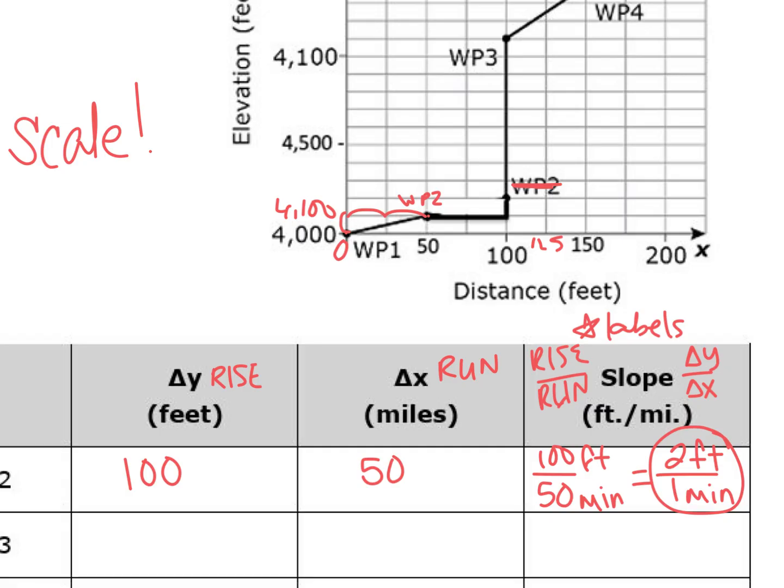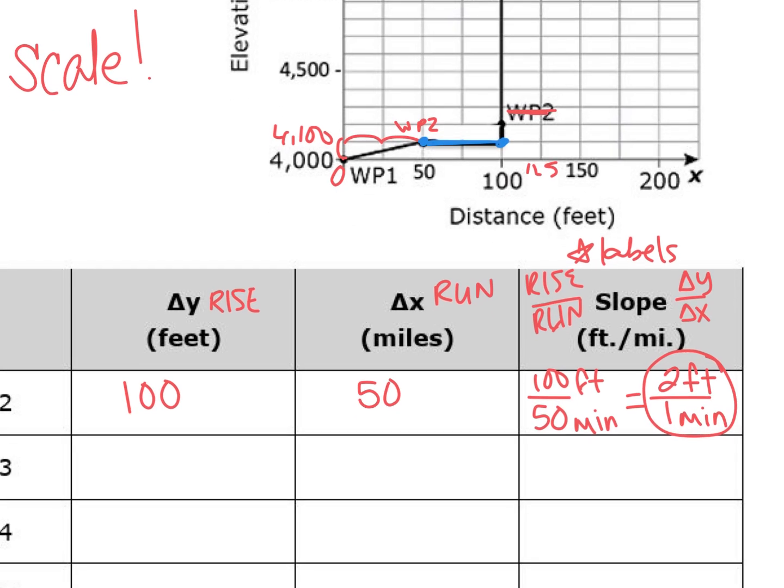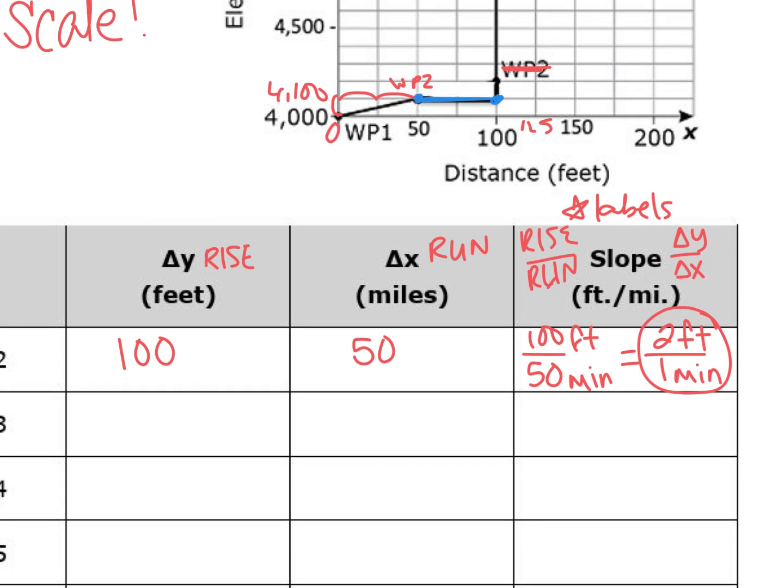For this next one, we're actually looking at this flat piece. I realized I didn't label it well. So we're going to go from where this blue dot is to this blue dot, and tell me, rise. That's a flat line. Yes? Are we rising any? Is my y changing at all? No. So 0, and you can put your labels here if you wanted. How many are we running?